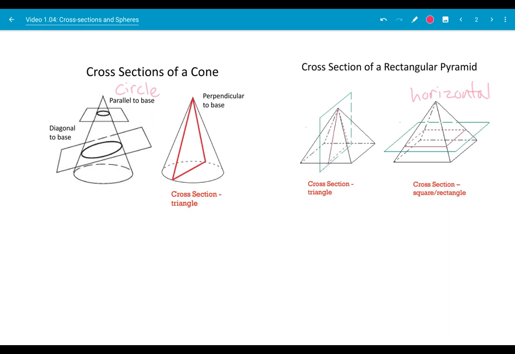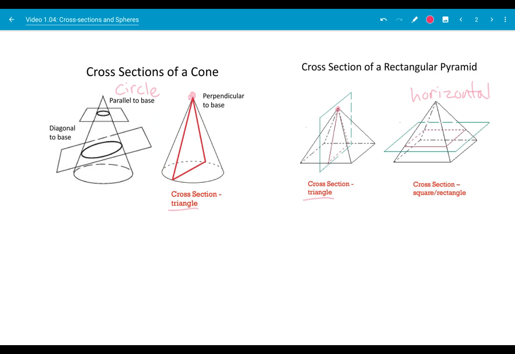Now, interestingly, a cone and a pyramid both have the same vertical cross-section if you're going right through that top vertex. The top vertex causes it to have a point at the top, and since they're both flat on the bottom and have two angled sides, you end up with a triangular cross-section for our vertical one.